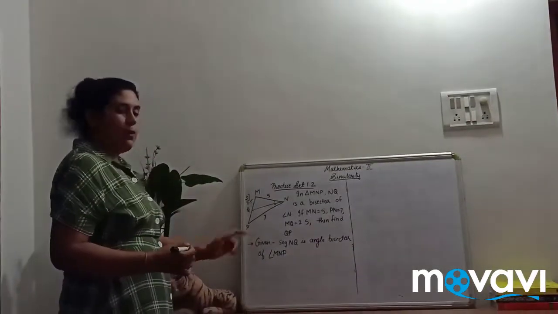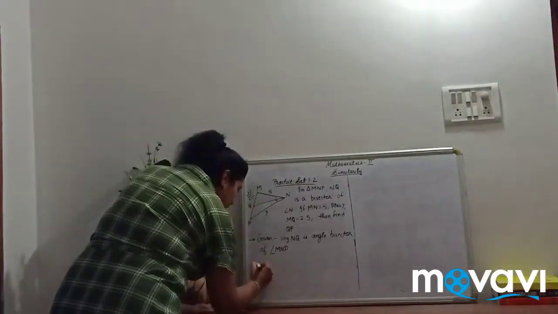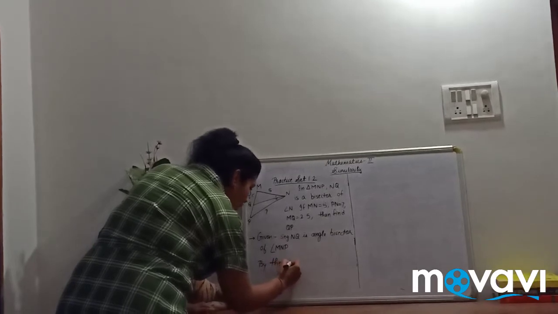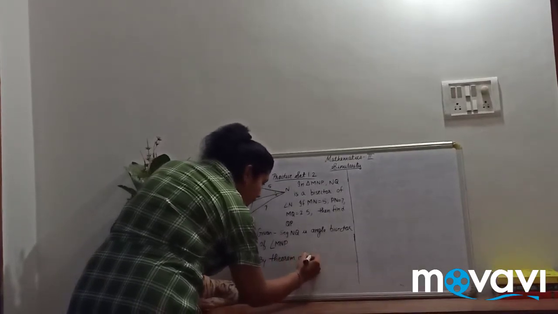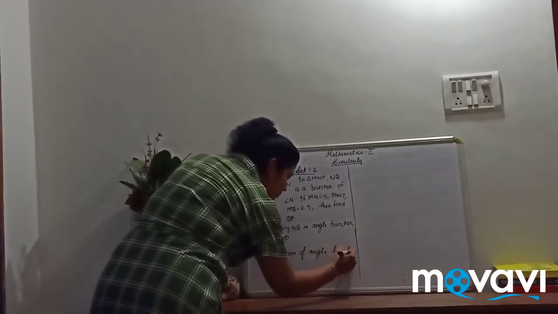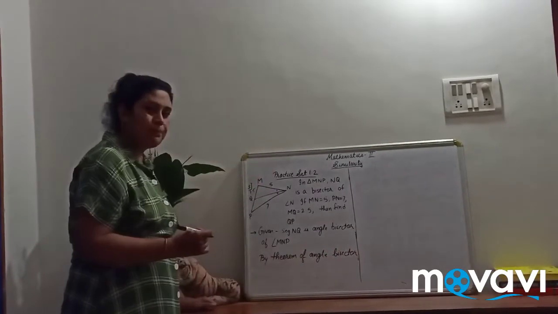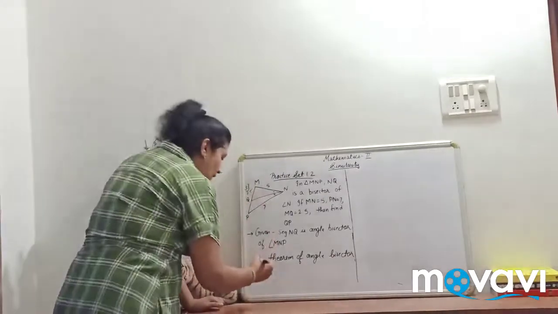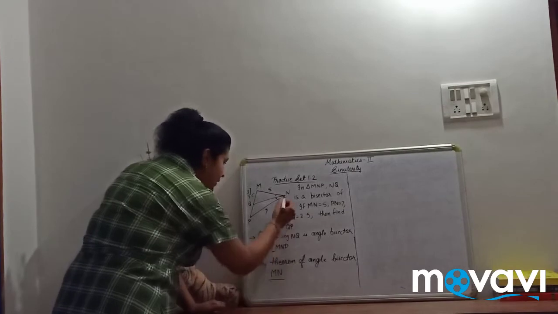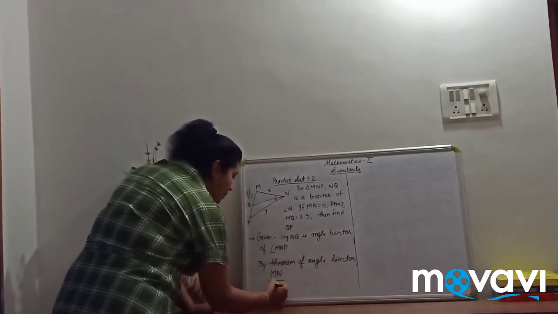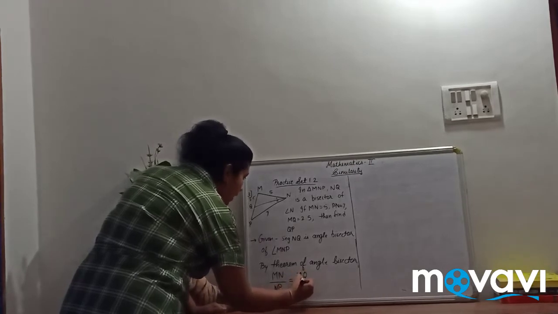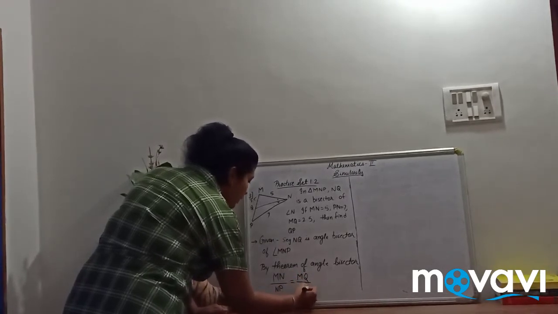Okay, now we are going to use the theorem of angle bisector. We will write the ratio, that is MN upon NP or PN, whatever, is equal to MQ upon QP.